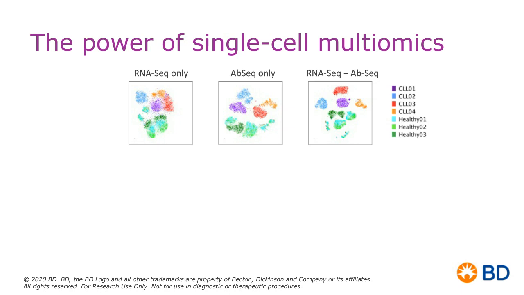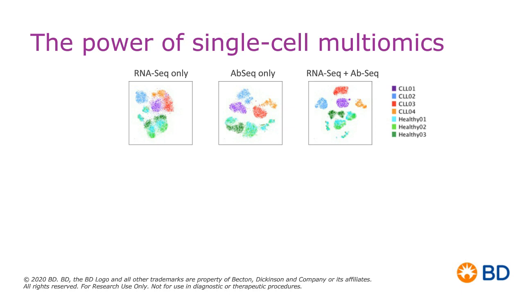In the center, we look at AbSeq information. This is 32 antibodies on the surface of these CD19 positive cells, and we do a similar analysis. As you can see, you can clearly start to define and identify individual clusters that correlate very nicely to individual donors or samples.